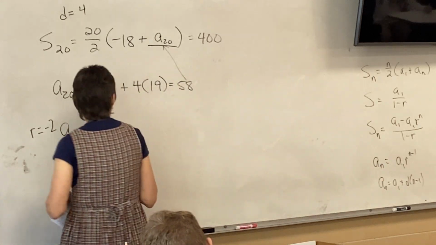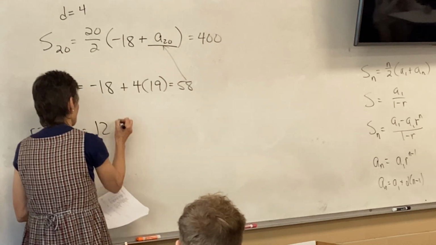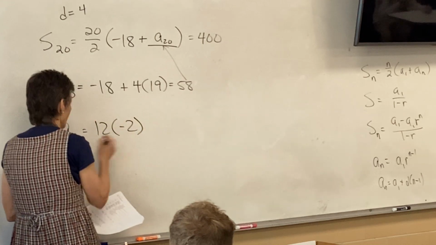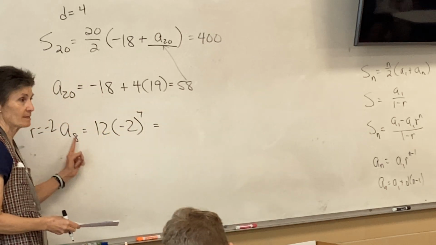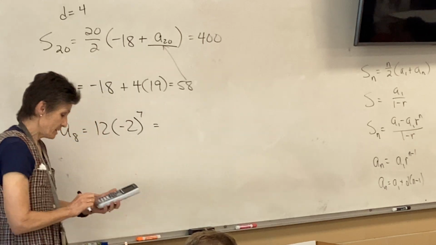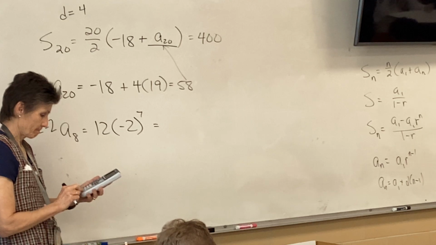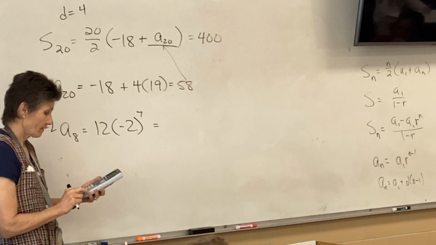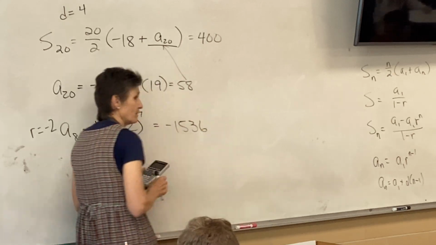So A sub 8 equals your first term, which is 12, times your ratio to the 7th, n minus 1. That's n, A sub n. No idea what that is. Let's see. I got negative 1536.